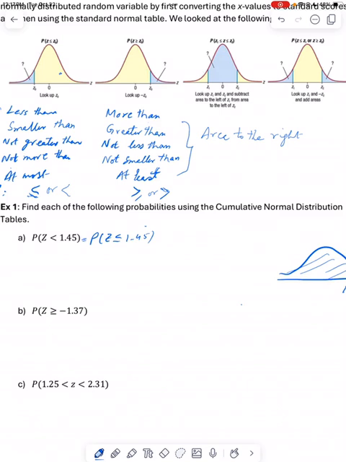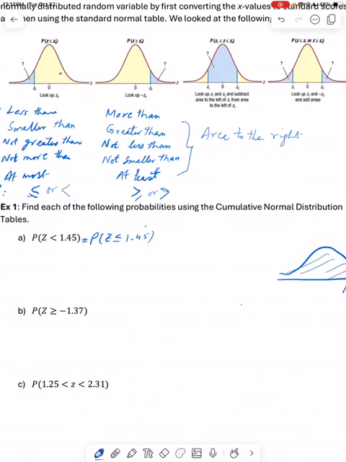And remember, in section 5.1 we saw that they are not the same. If you include a value or you don't include a value, the probability can be different. But since the normal distribution is a continuous distribution, excluding one value doesn't change the probability.